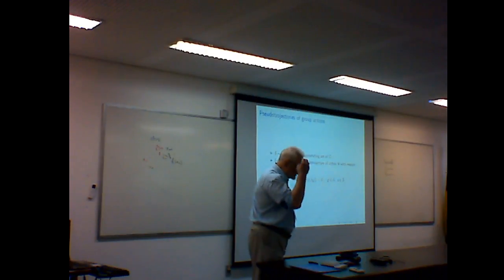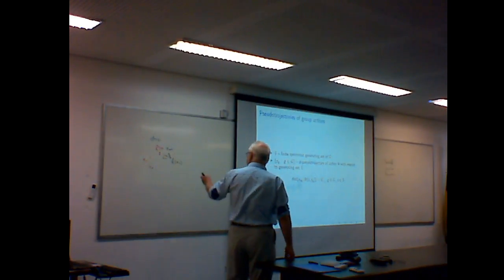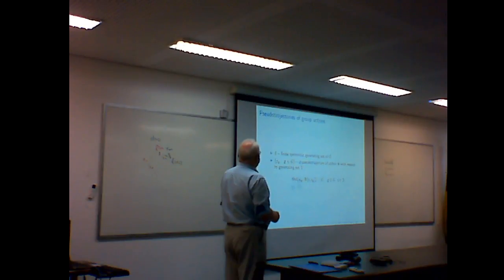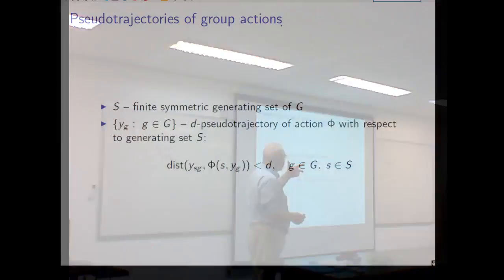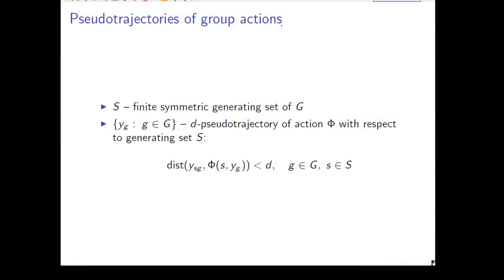So how to define a pseudo-trajectory? I take some generating set of the group G, S, a finite set, since the group is finitely generated, there exists a finite set. It is better to have it symmetric, so with any element it contains also the inverse element.